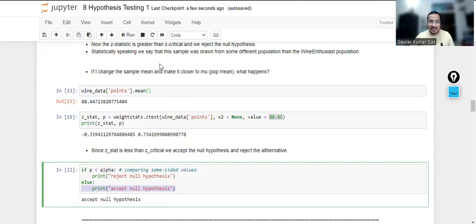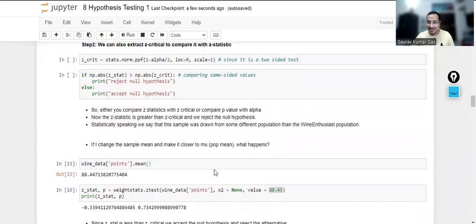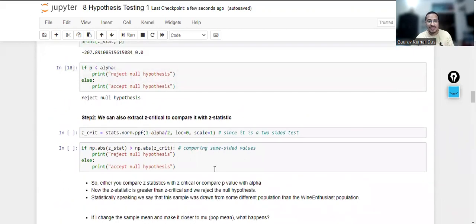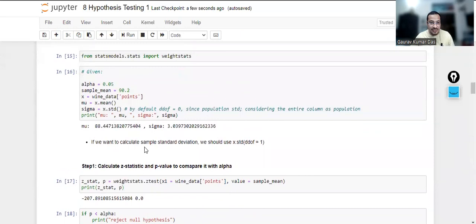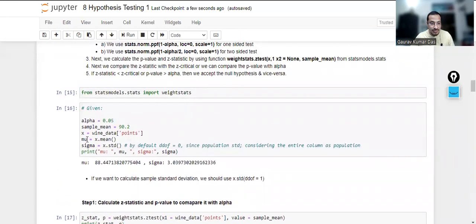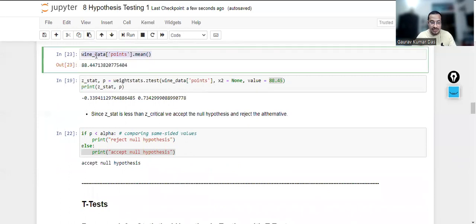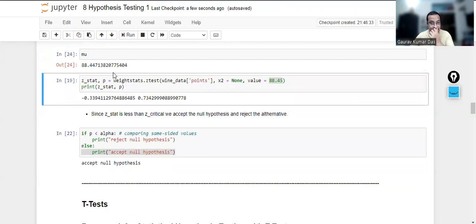That is why it was matching. The sample mean and the population mean were close to each other. That's why you can say that the sample belongs to the population. So here also you can see mu, it's already given, so we can call this mu.